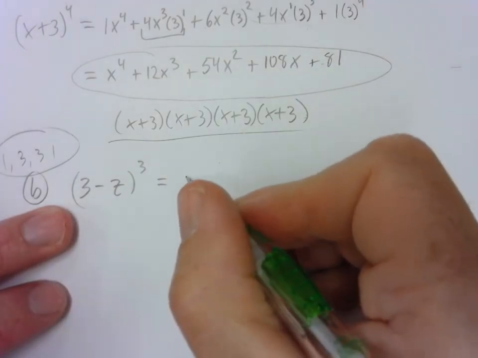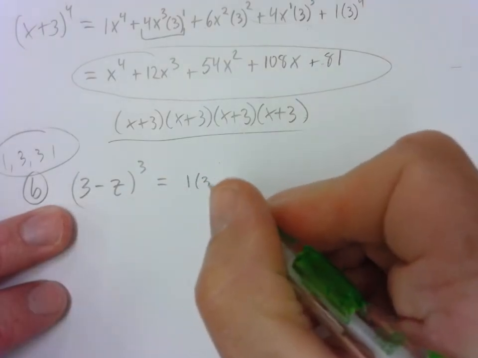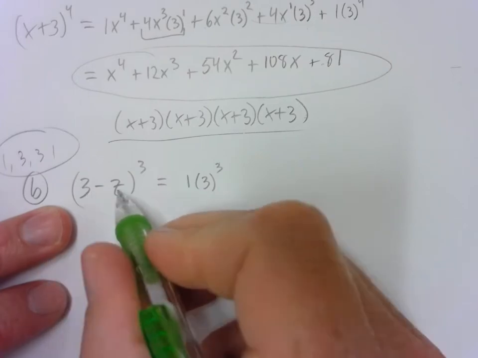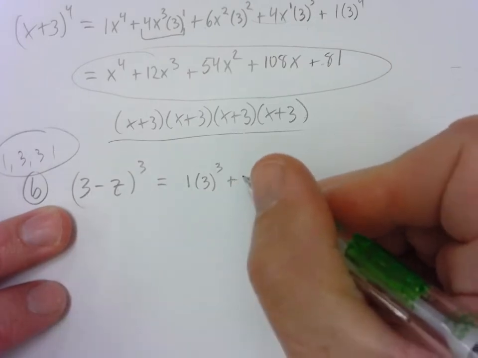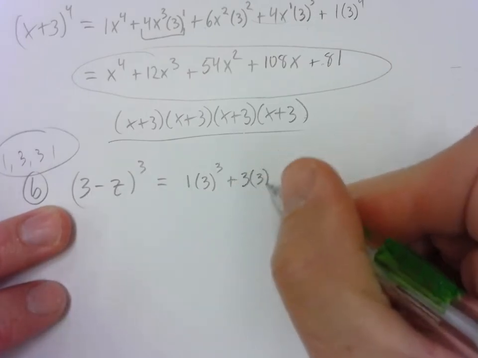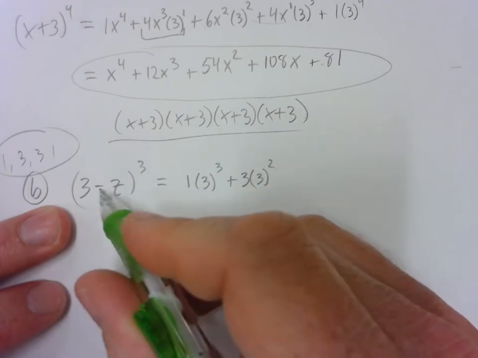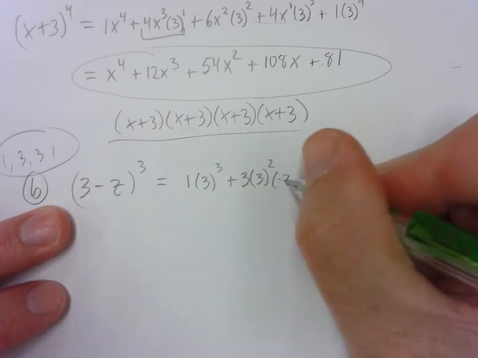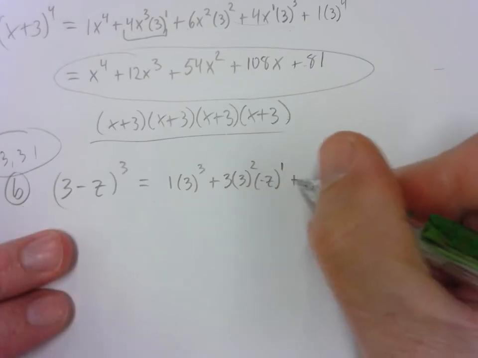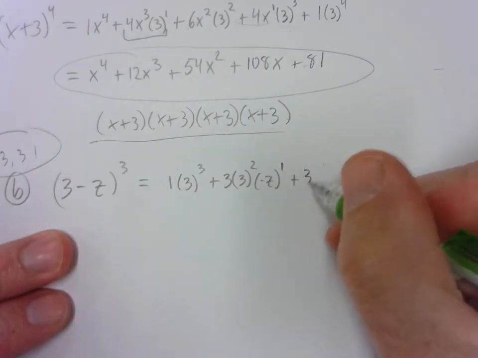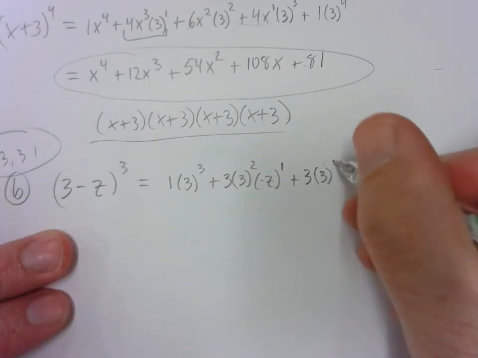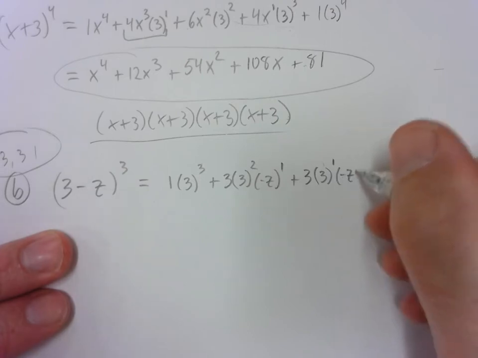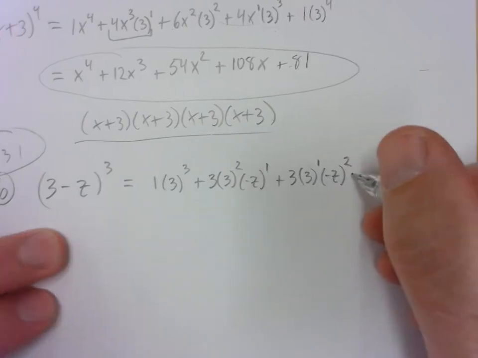So here we go. 1, first thing, is 3 to the third power. So it's like first thing, second thing. Plus 3 to the second power. Now we bring in a z, but we've got to bring in negative z. Negative z to the first power. Plus, next thing, 3, and then 3 to the first power, and then negative z to the second power.